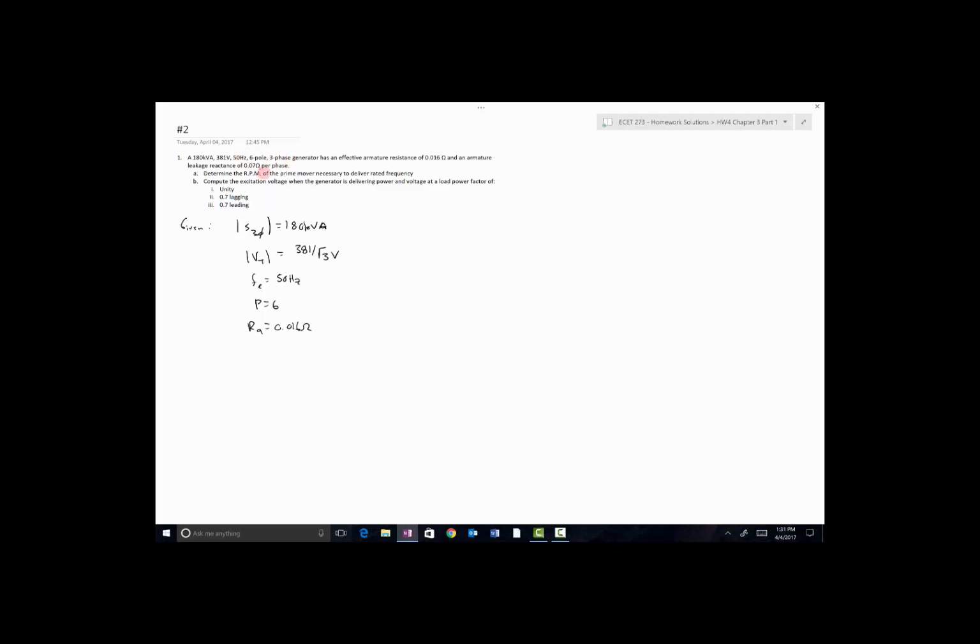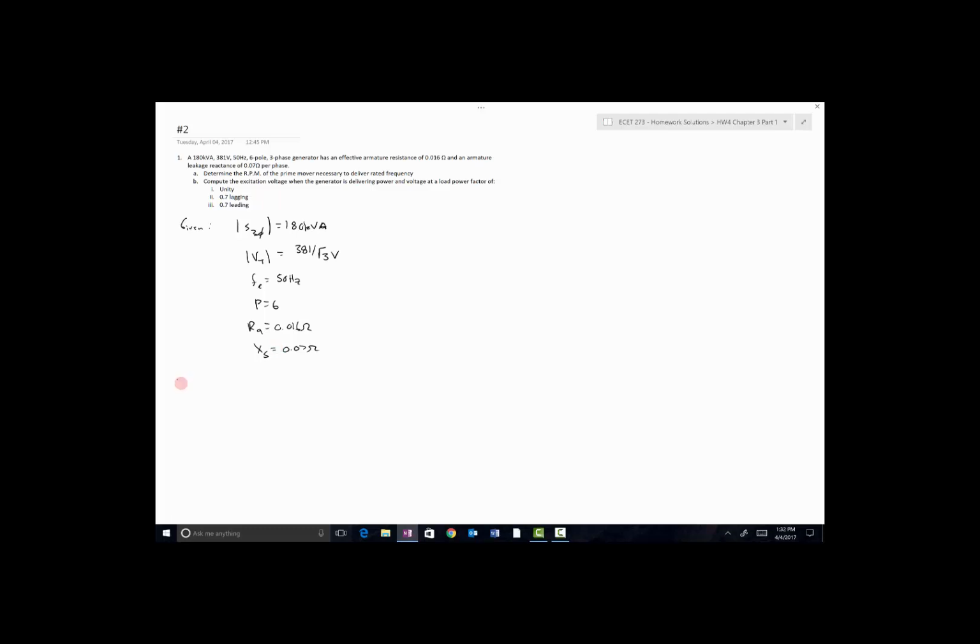Since that's the only thing specified in terms of a reactance, that is X sub S equal to 0.07 ohms. I think more technically that's X phase plus X sub A, but since that's the only one specified, combine that all together, it becomes the synchronous reactance of the generator.